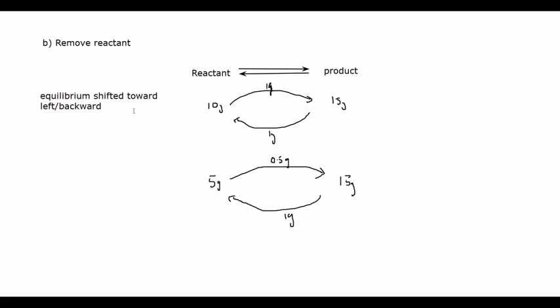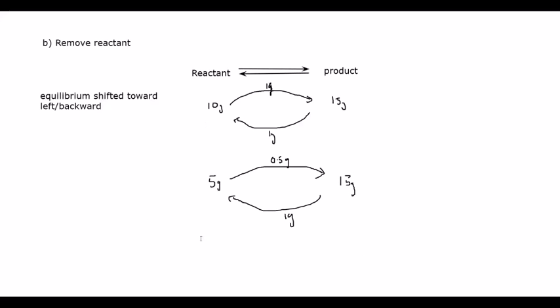So this is the effect of removing the reactant from a reaction mixture, because in a reversible reaction, reactants are forming a product and the product decomposes, forming back the reactant.